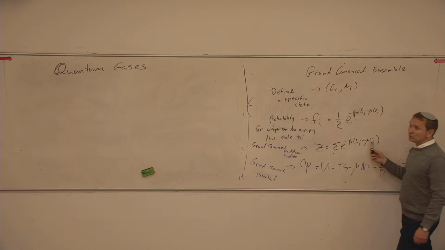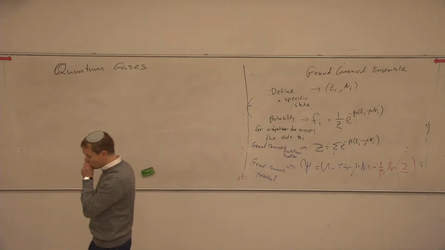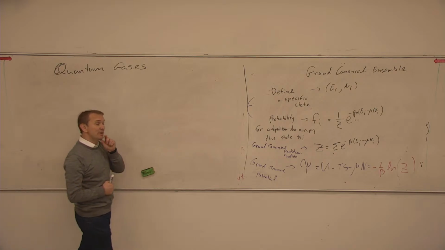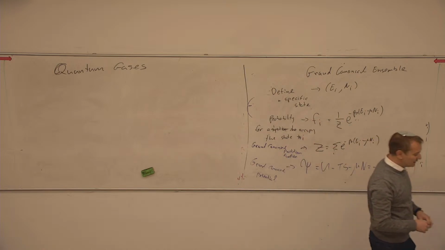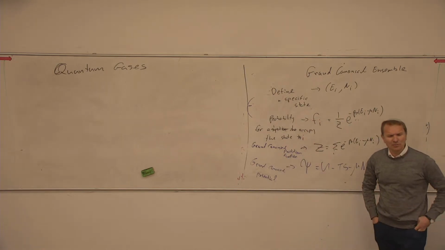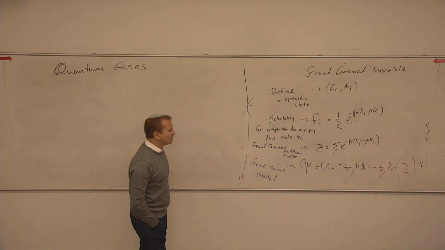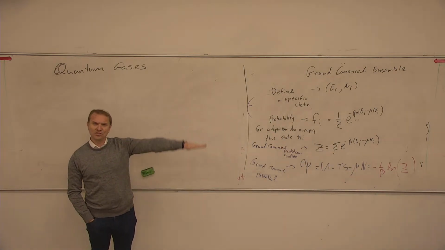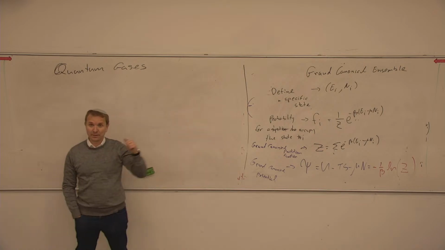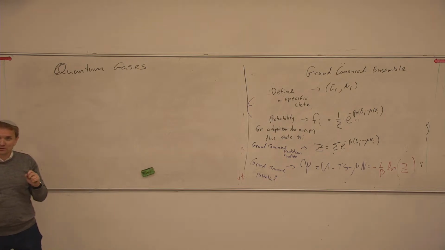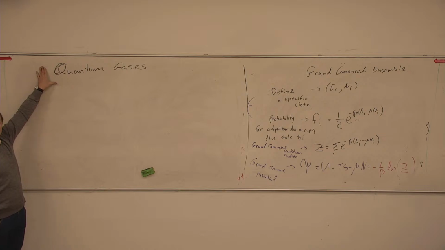So the grand canonical ensemble has two nice things about it. First of all, yes, it indeed describes systems where the number of particles can fluctuate. But second, the moment that we ease the assumption that the number of particles is constant in time, we can solve specific problems that are related to quantum cases.